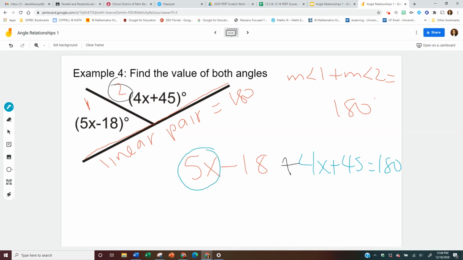I have 5x and 4x, and then I also have minus 18 and plus 45. 5x plus 4x is equal to 9x, and then negative 18 plus 45, be careful with this because they're opposite signs, is 27.